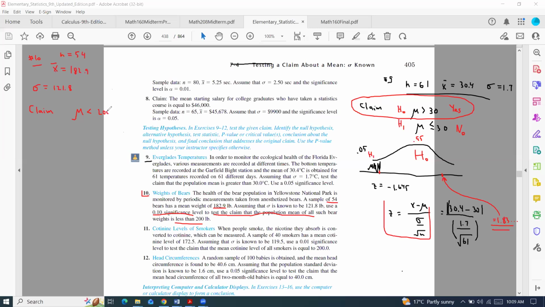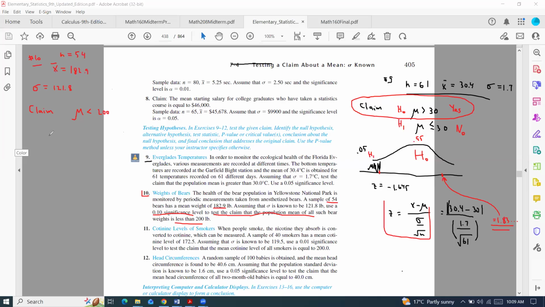I say, Alex, yes, it looks like you will get that supported, because your mean is 182, so it is indeed less. Yes, probably, but again, let's do the calculation to support it statistically. That's the whole point.